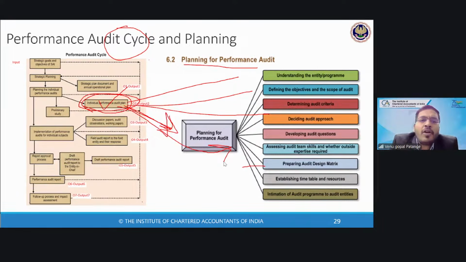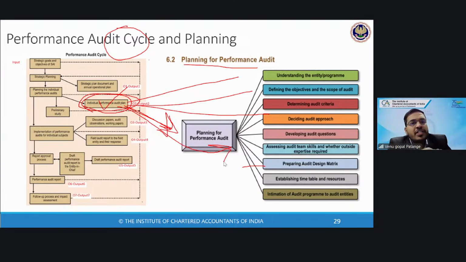If you want to perform an audit, you need to have people. You need to plan for some time. You cannot take them forever. And before you visit that factory, that auditee, that entity, you need to inform them. And what you are going to do is the audit approach. Clear? Summarized?